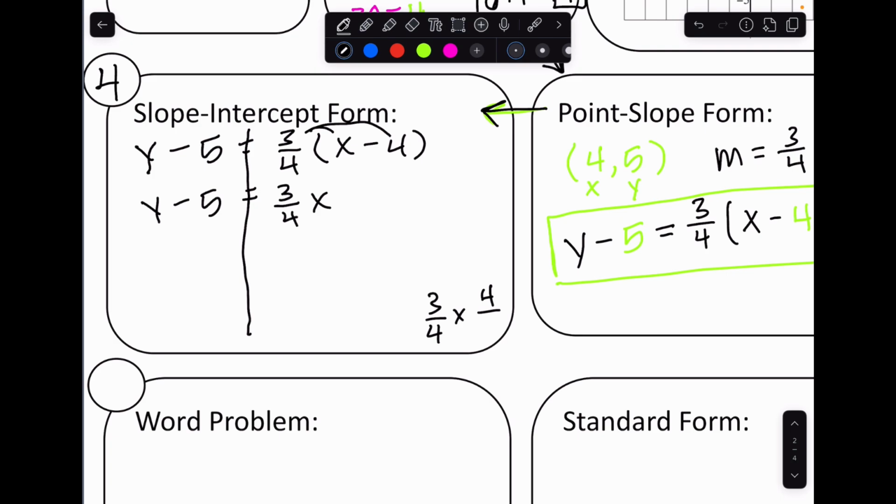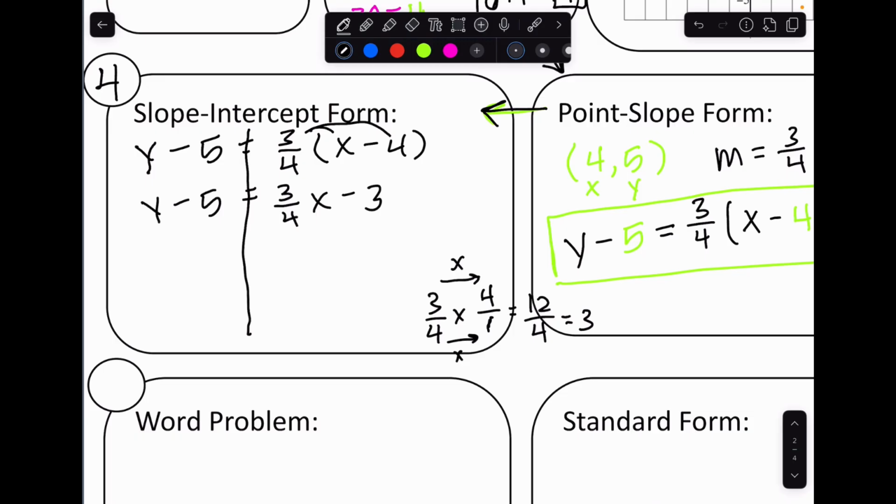Remember, if it's a whole number, we can put it over 1. We get 12 over 4, because we multiply straight across. Twelve divided by 4 is 3. So then I get minus 3.